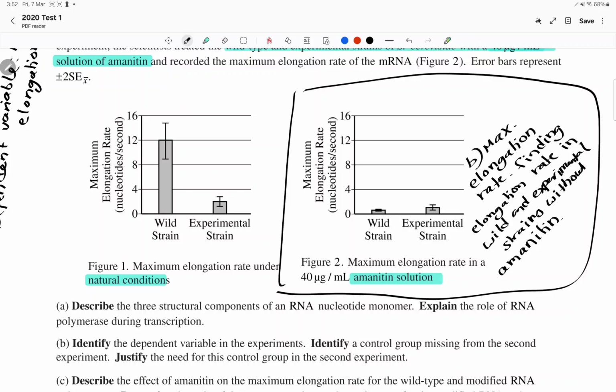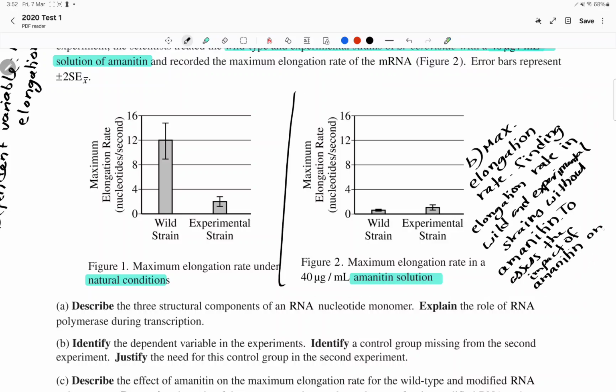We don't have our control, right? To assess the impact of Amanitin on the elongation rate. Okay.